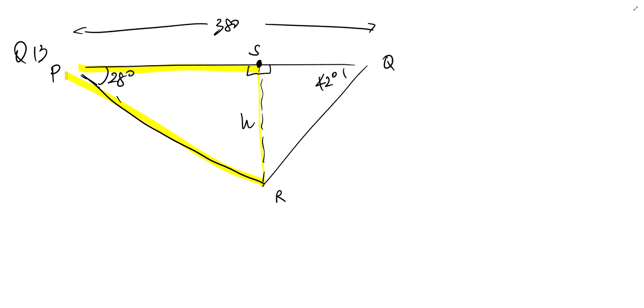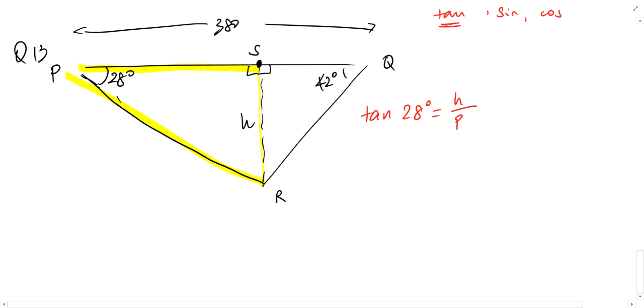Tangent? Okay, so we've got tangent, sine, and cosine, right? So you are saying let us use tangent. Okay, let's try tangent 28 degrees equals to H over PS.